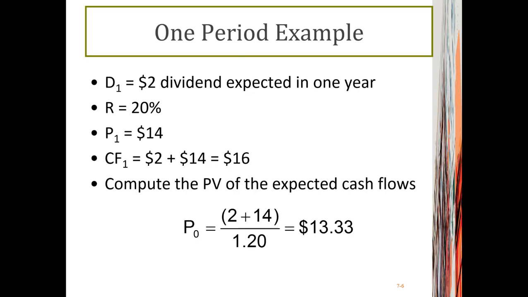So the $2 dividend and the $14 stock price that you will see in 1 year are all based on estimations. And the discount rate of 20% is another estimation. So here stock valuation is not about 100% scientific calculation. It's about the art of estimation.